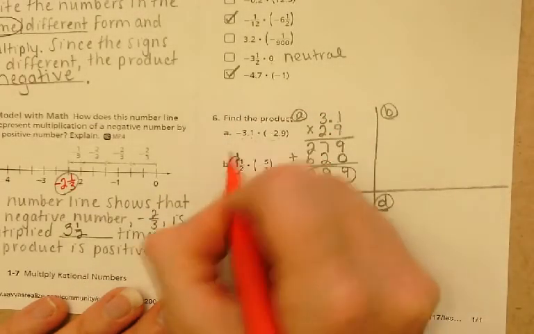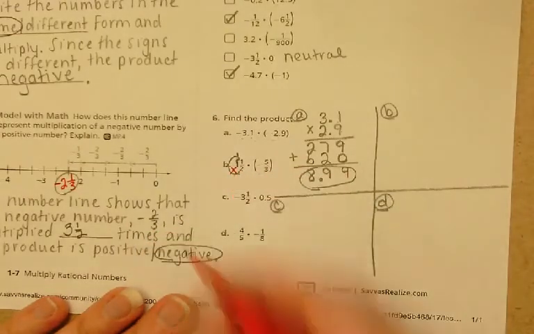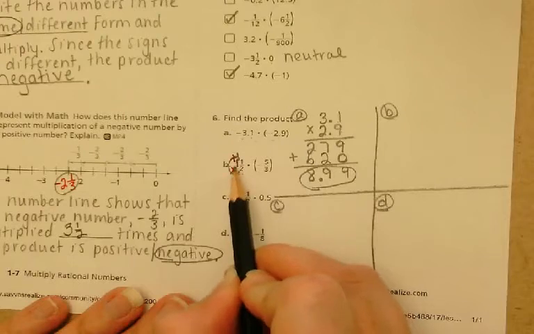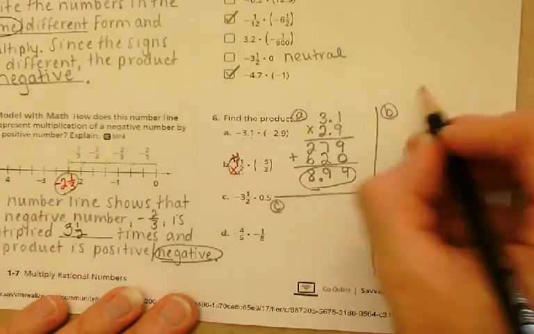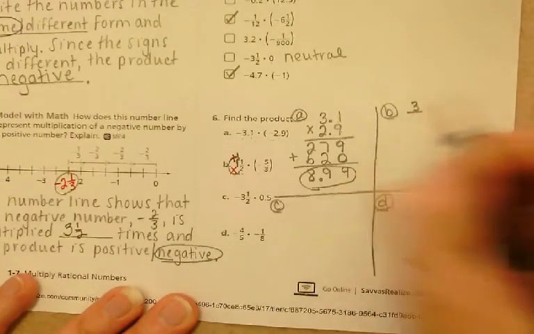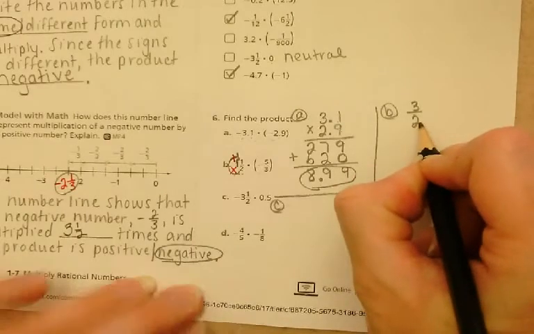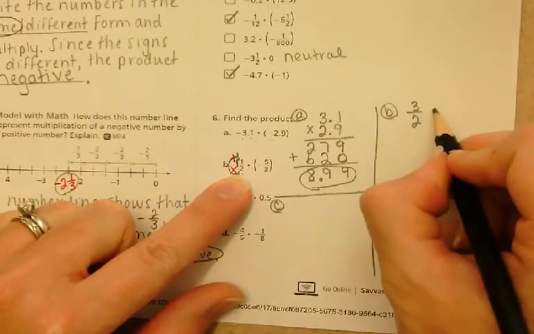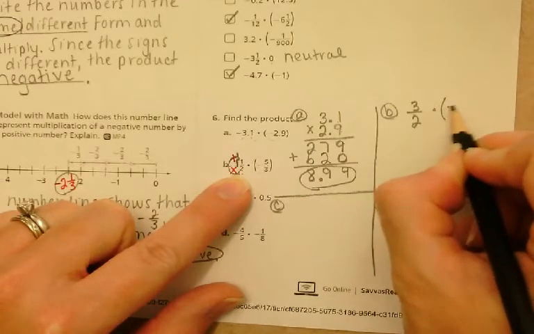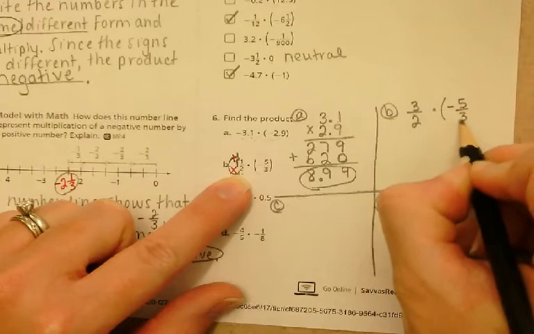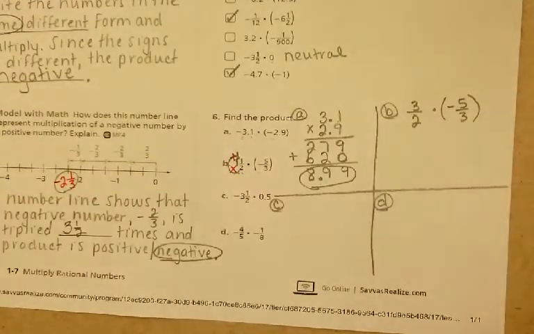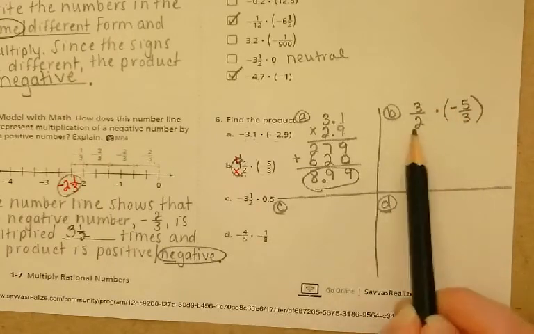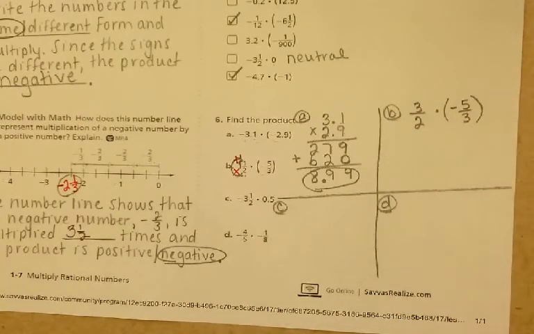So you go 2 times the 1, and then you add the 1. So 2 times 1 is 2, plus 1 is 3. So I get 3 over 2. The denominator stays the same. And then I'm going to multiply that by the negative 5/3. Now the next step, we understand that we're just multiplying across our numerators and then multiplying across our denominators.